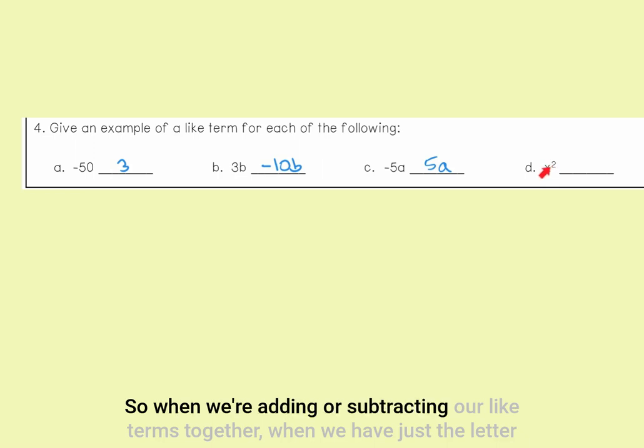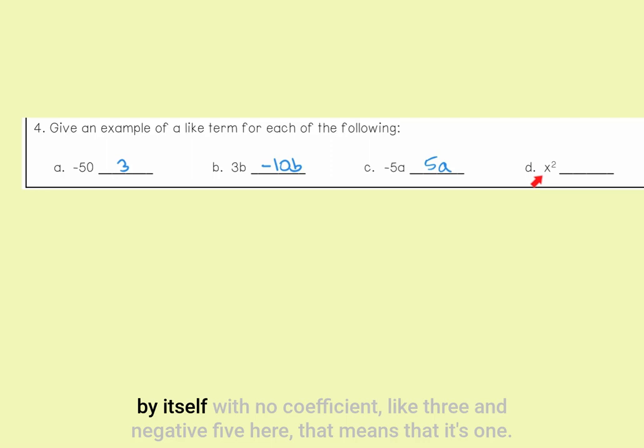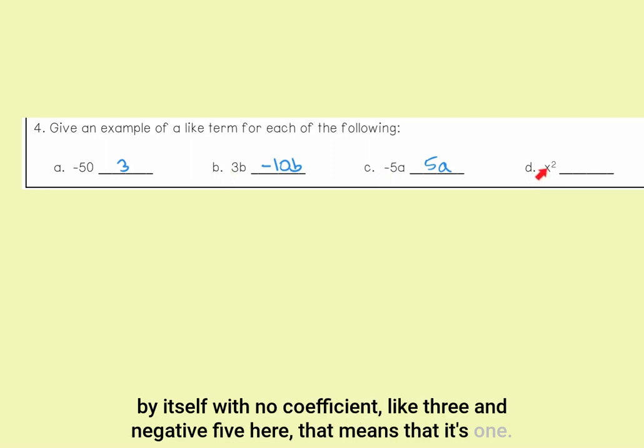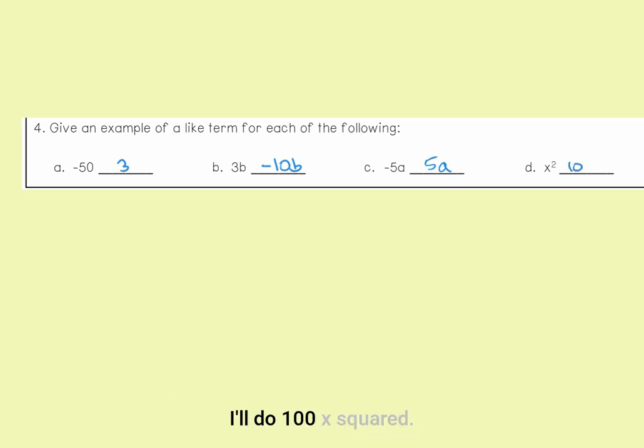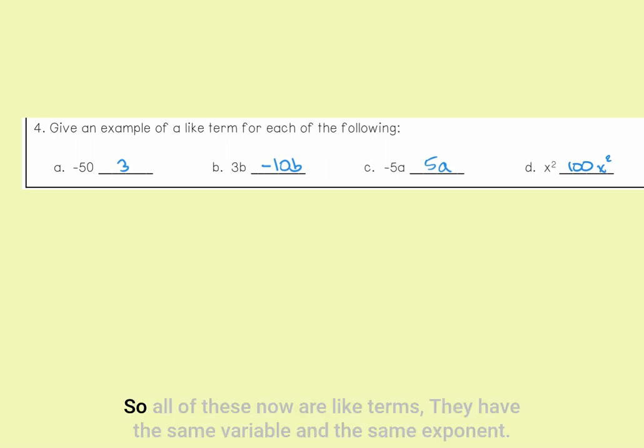So I need an x with an exponent of 2, a power of 2, and x squared, I'll do 100x squared.